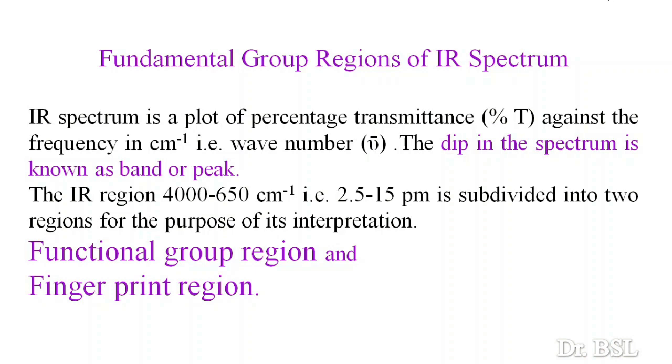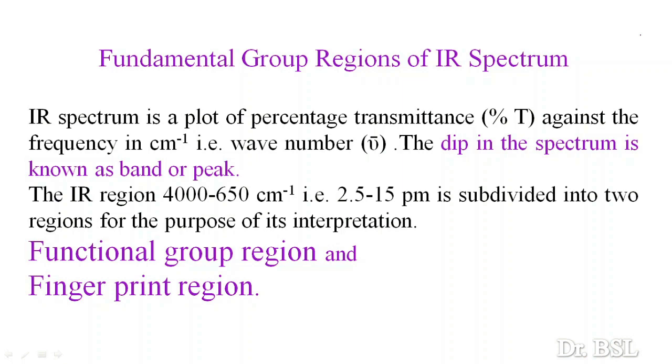Then fundamental group regions of IR spectrum. Two group regions of IR spectrum are there. First of all, IR spectrum is the graph or the plot of percent transmittance against the frequency in centimeter inverse, or we can say wave number in centimeter inverse.